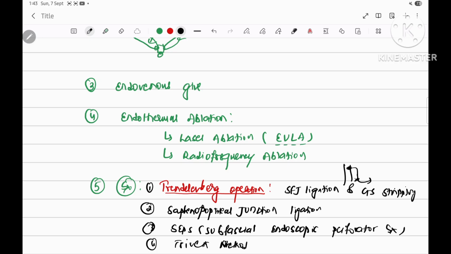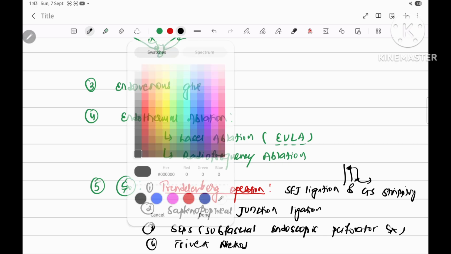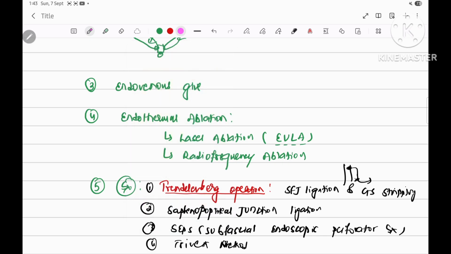What we have to know is why endothermal ablation is more preferred than the surgical method. It is because in surgery we do greater saphenous stripping, we are removing the greater saphenous vein.